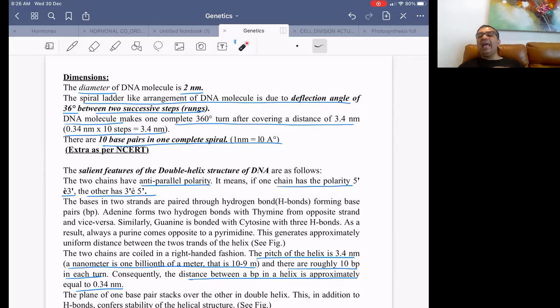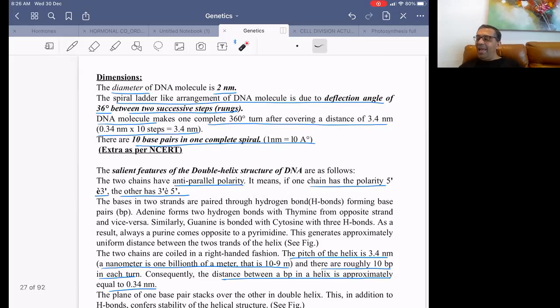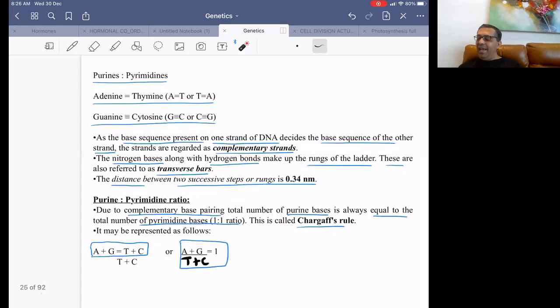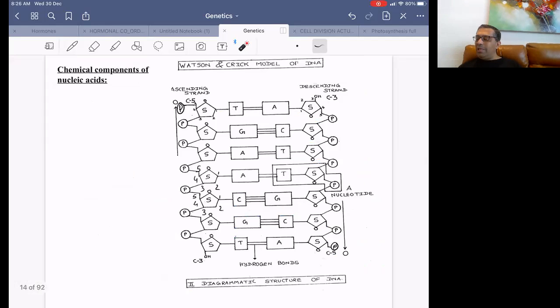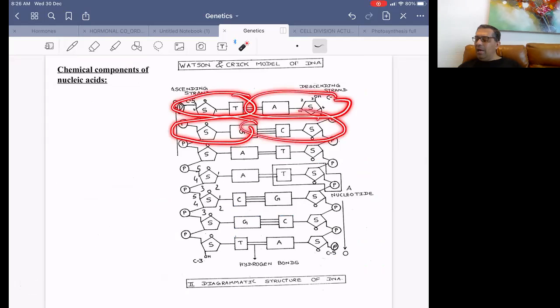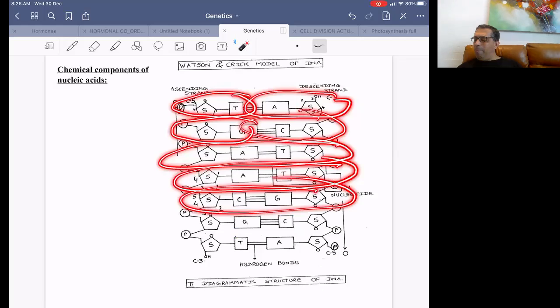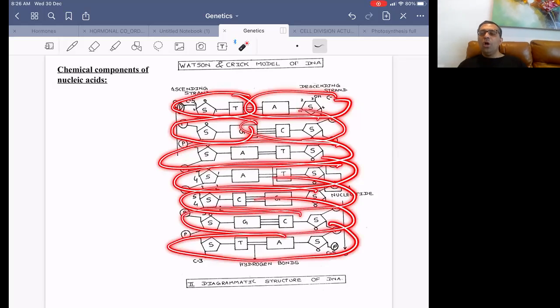Segments of DNA are called genes. We always knew this, but now we know everything about DNA. DNA is nothing but pairs of nucleotides connected by hydrogen bonds.